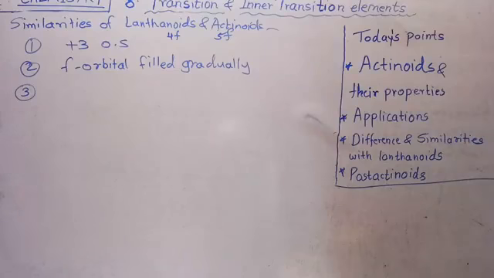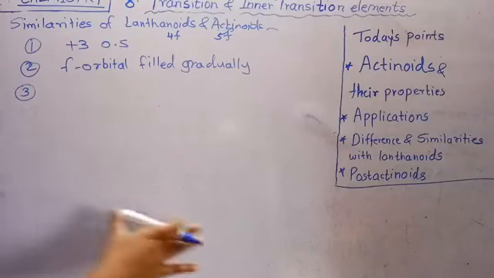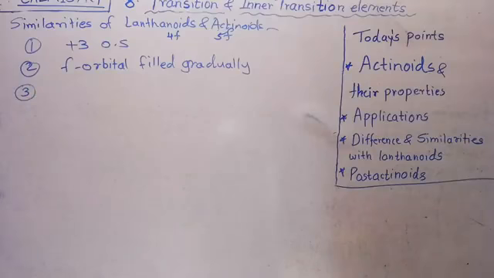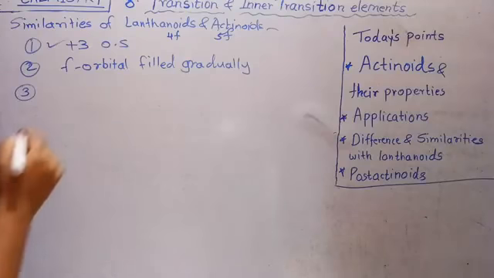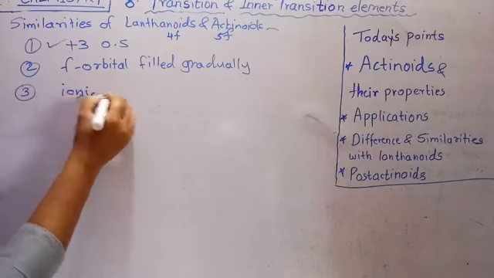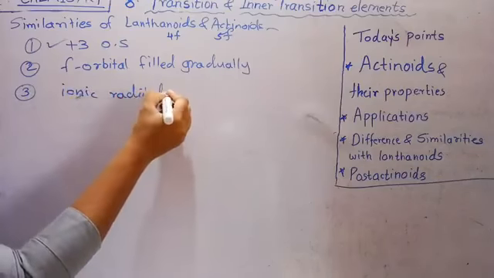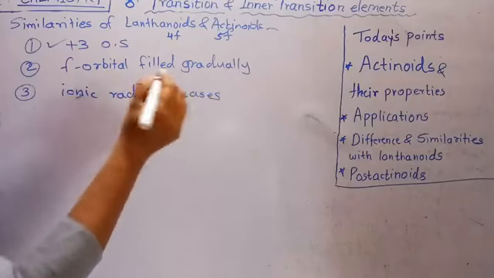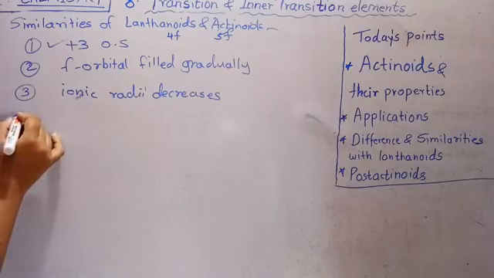Then the third similarity: both lanthanoids and actinoids are present in a period, and their ionic radii in +3 oxidation states gradually decrease with increase in atomic number.